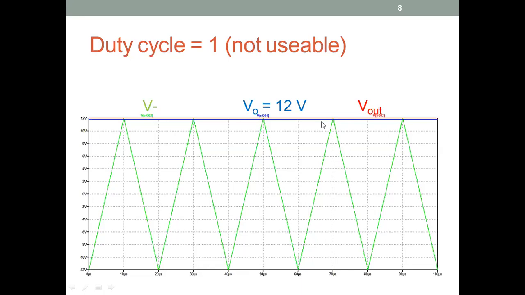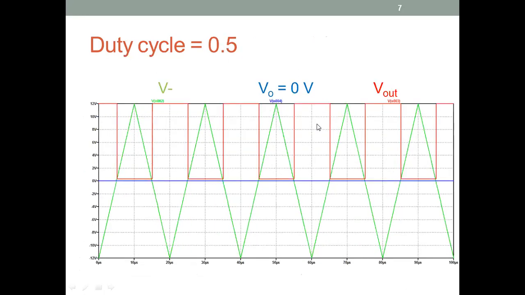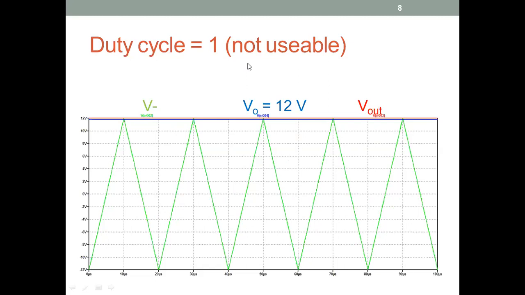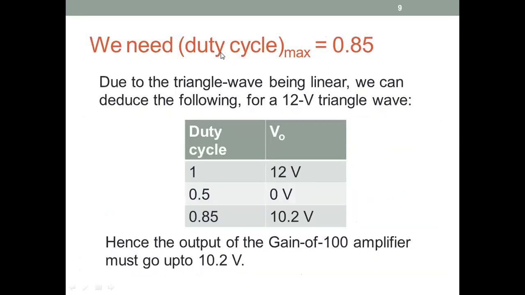So if VO is 0 volts, the duty cycle is 0.5. If VO is 12 volts, the duty cycle is 1. Now we want the duty cycle to go up to 0.85. So here we make a little table.